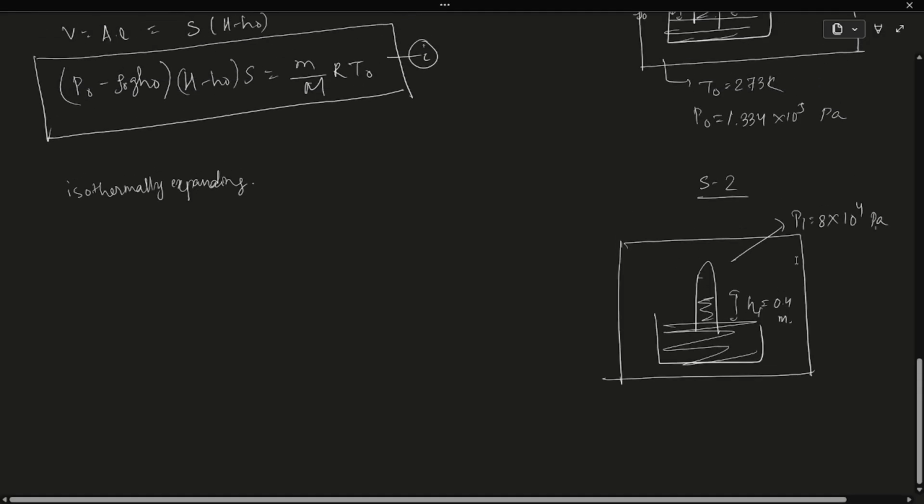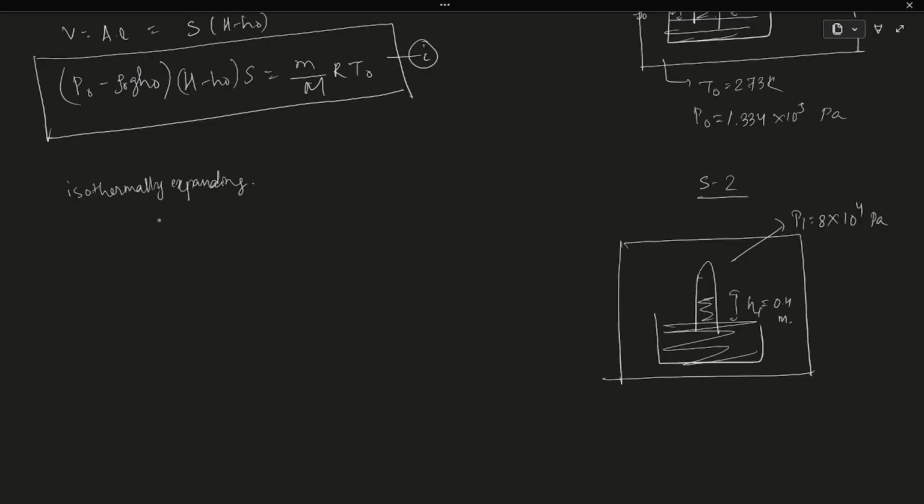As it is isothermally expanding, the temperature will remain the same. So if I write the ideal gas equation for hydrogen gas, it will be similarly P1 minus rho naught g h1. Why rho naught? Because density is dependent on temperature.